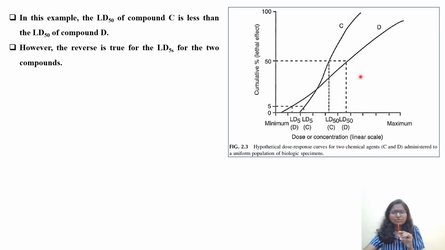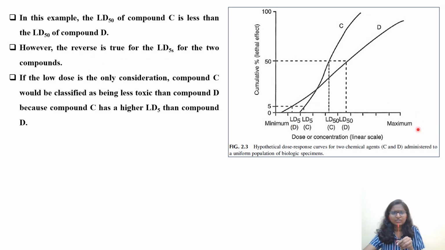But coming to LD5, for chemical C the LD5 is this value, and for chemical D the LD5 value is this. So that is what it is trying to say. The reverse is true for LD5 for the two compounds. If the low dose is the only consideration, compound C will be classified as being less toxic than compound D because compound C has a higher LD5.